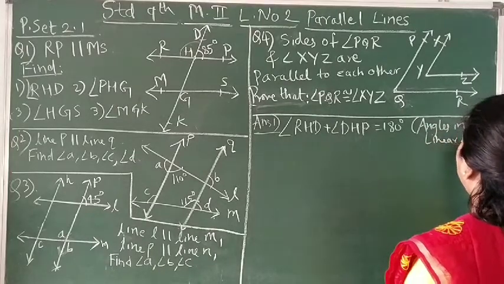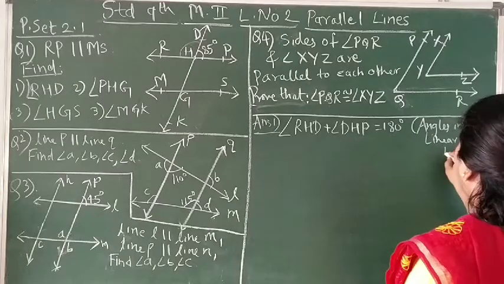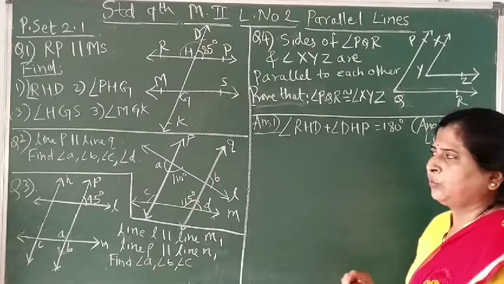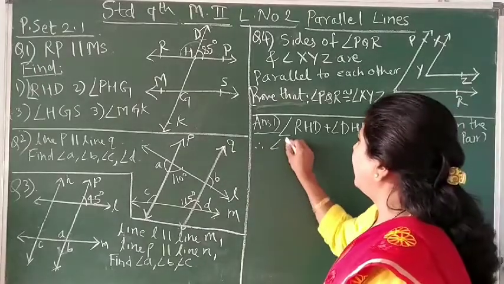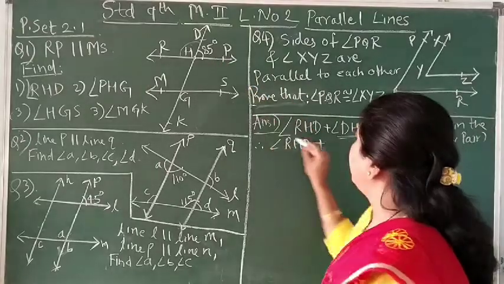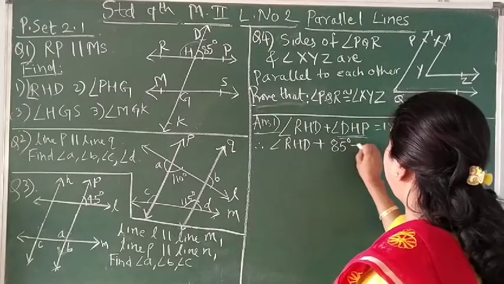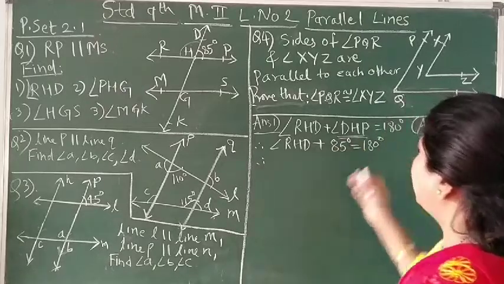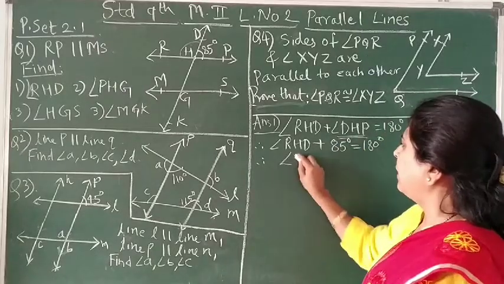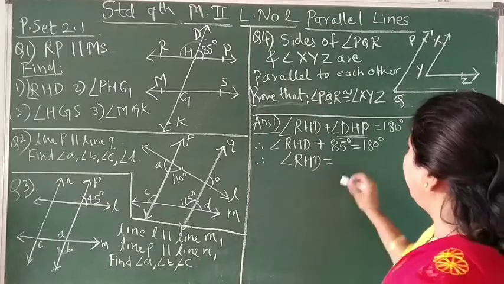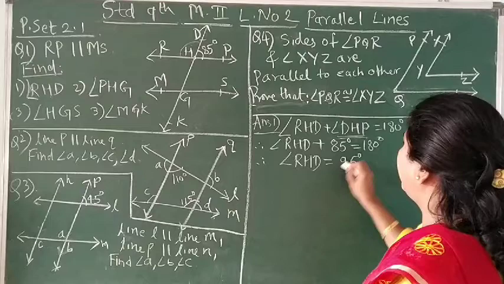In short, we can write ALP, but in the exam you should preferably write the complete words. Therefore angle RHD plus angle DHP, which is given to us as 85 degrees, is equal to 180 degrees. If you subtract 85 degrees from 180 degrees you will get angle RHD equal to 180 minus 85, that is 95 degrees.